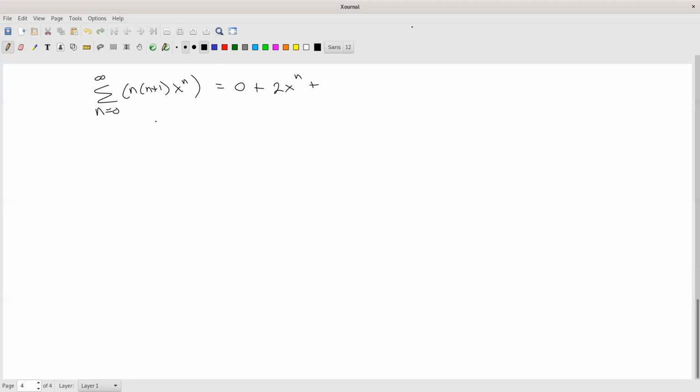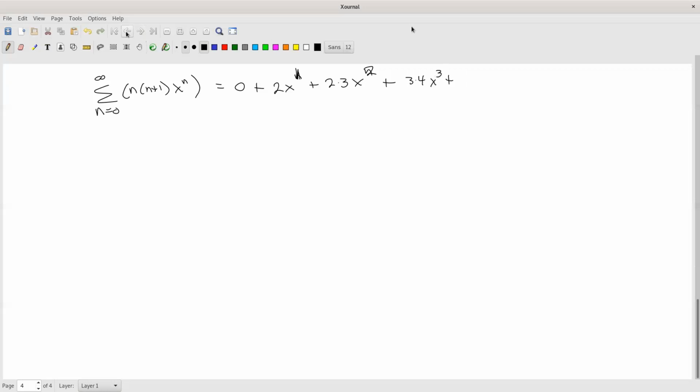If n is 2, we'll get 2 times 3 x to the, sorry, what did I say? This is n equals 1. This is n equals 2. When n equals 3, we'll get 3 times 4, x to the third.